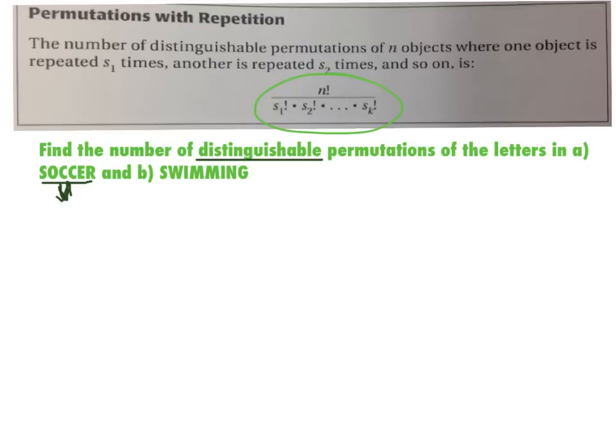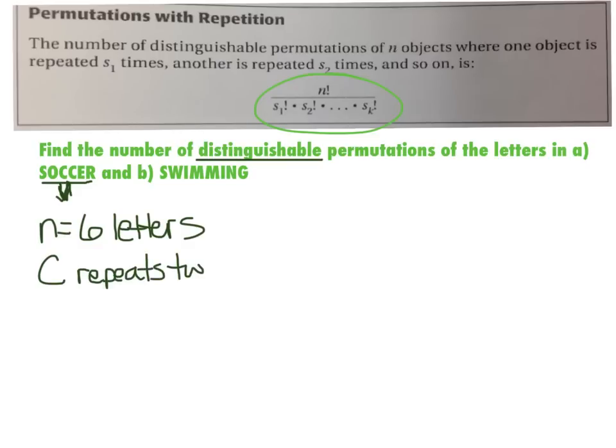So we have to take the number of letters, which is 6 letters, and then C repeats twice. If all the letters were different, 6 factorial would suffice. That would tell us how many different permutations there were. But since C repeats twice, we have to put it over 2 factorial.